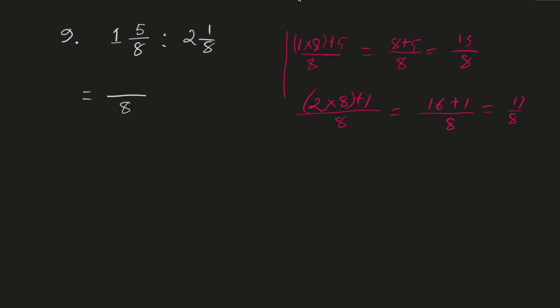So we can simply write 13 over 8 is to 17 over 8. You just cancel out 8 from both, and we have 13 is to 17, and write it in fraction format: 13 over 17. This is our answer.